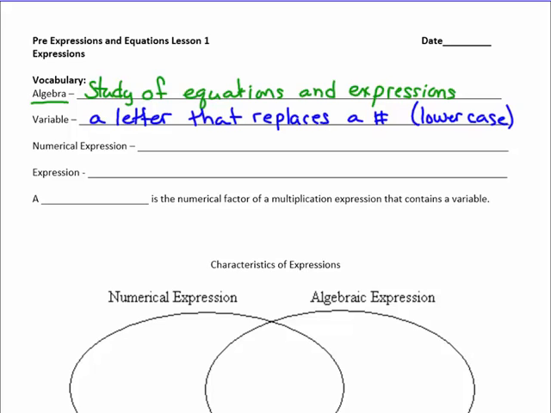We actually are going to be talking about two different types of expressions. We're going to have numerical expressions, which is a number or the sum or difference of numbers. Okay? I think I left a word out here because this should say algebraic. So if you could please add that in, and the spelling is down here.